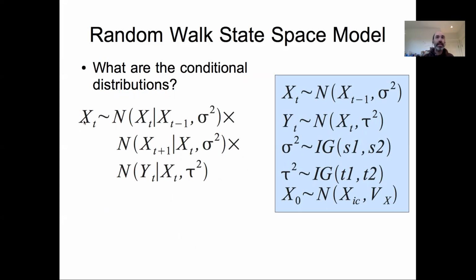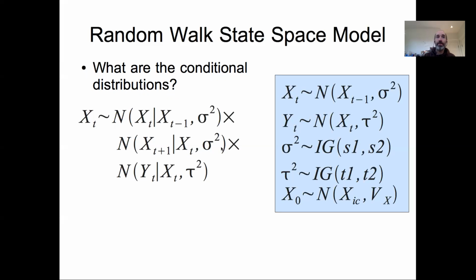Okay, and then if we look at the x's, this is the one that usually fools people, because we have this xt from xt minus 1, so we want to pull that one over. We'd see this yt given xt, so our process model gets pulled over, our data model gets pulled over.